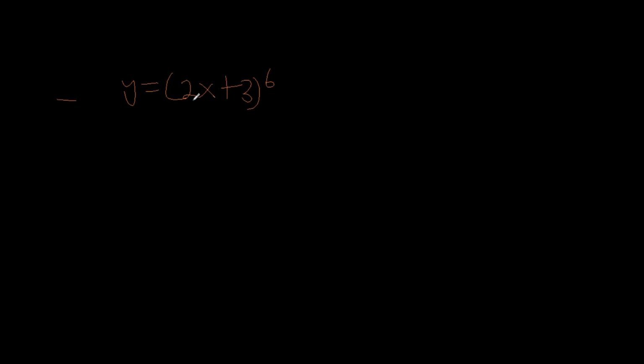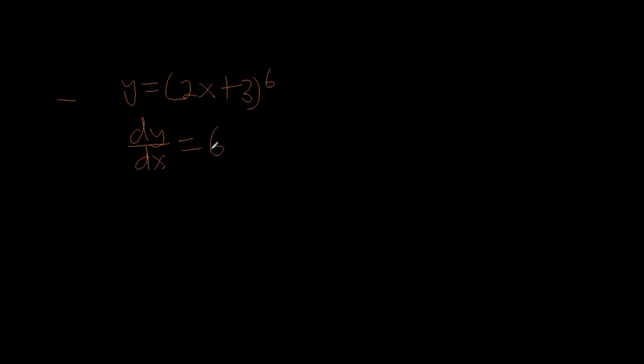So how would you actually differentiate this function? Well, the same techniques apply. We drop the power, we decrease it by 1, but then we do another thing. So let's say we want to find our dy/dx. What are we going to do in this case?